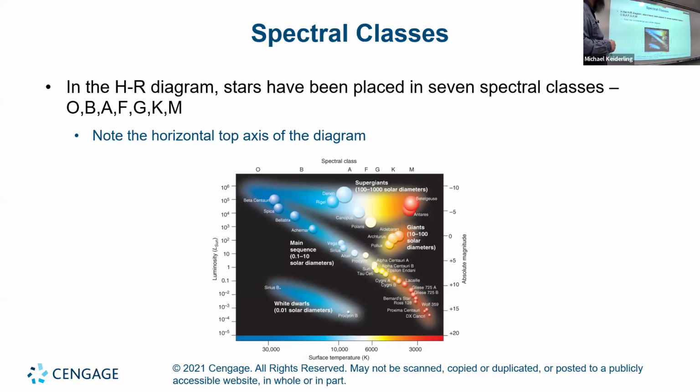So the spectral classes, there's seven spectral classes. They go O, B, A, F, G, K, M. That's because initially they were measuring the strength of a certain individual absorption line. A class stars have the strongest hydrogen absorption line, I think. But that process peaks at a certain temperature.